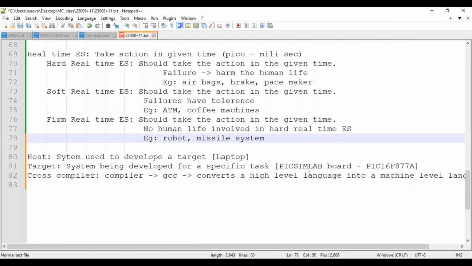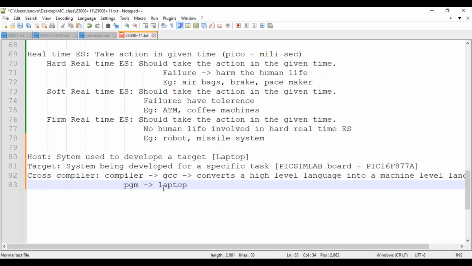So here also, for every program you write, you obviously need a compiler. Where am I going to have my program written? What do I use to write my program? An IDE, that means I can say my laptop, right?